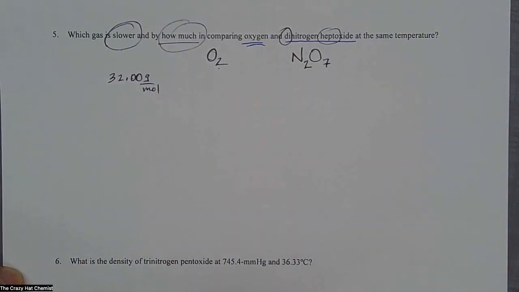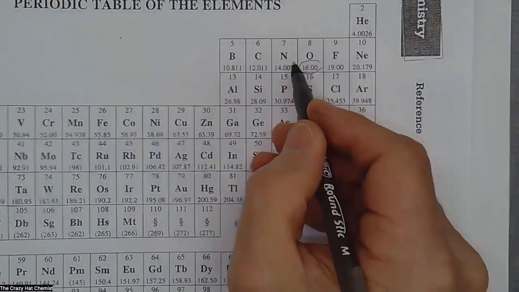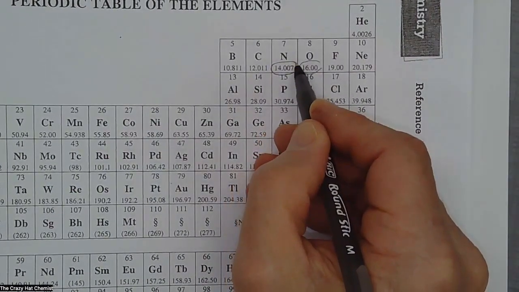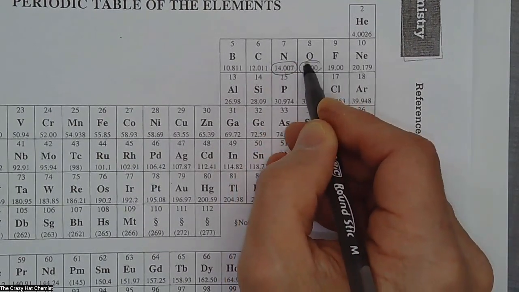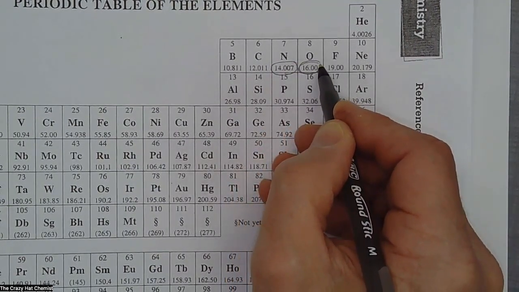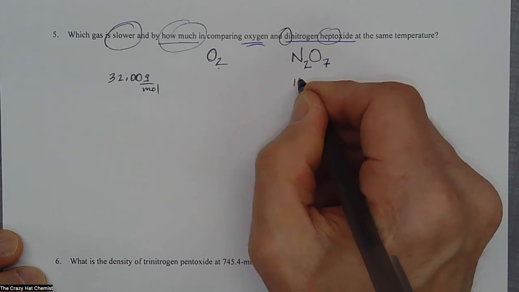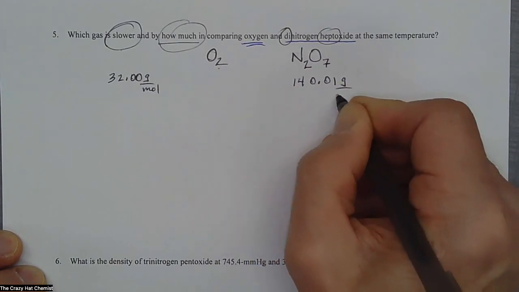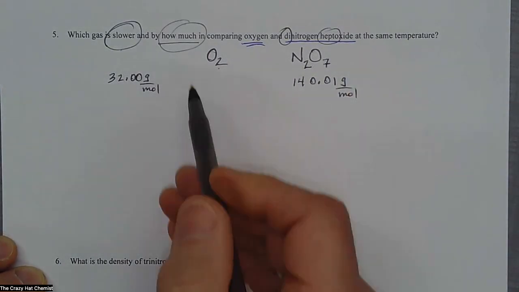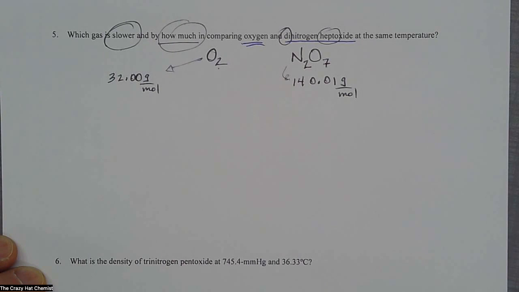And the molar mass for dinitrogen heptoxide, we're going to take nitrogen, 14.007 times 2, plus 16.00 times 7, and then sum those up and round it to the fewest number of decimal places, which is 2, and that will be 140.01 grams per mole. Those are the respective masses for oxygen and dinitrogen heptoxide.